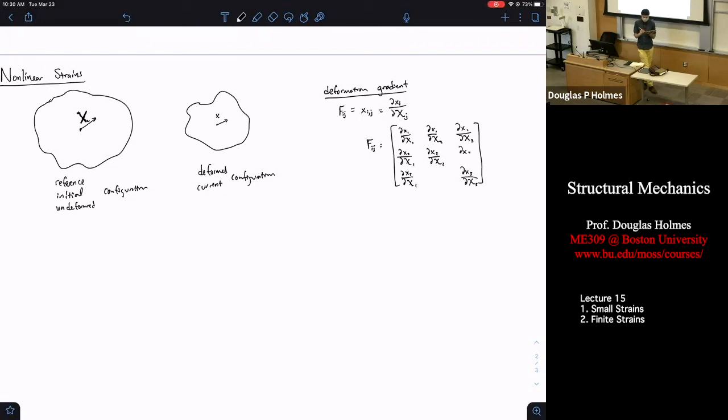It's going to be dx2 dX3, dx3 dX2. So that's the deformation gradient.